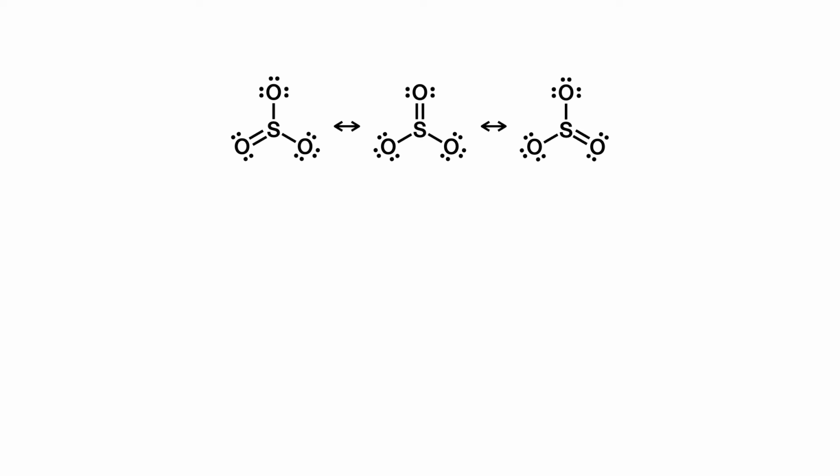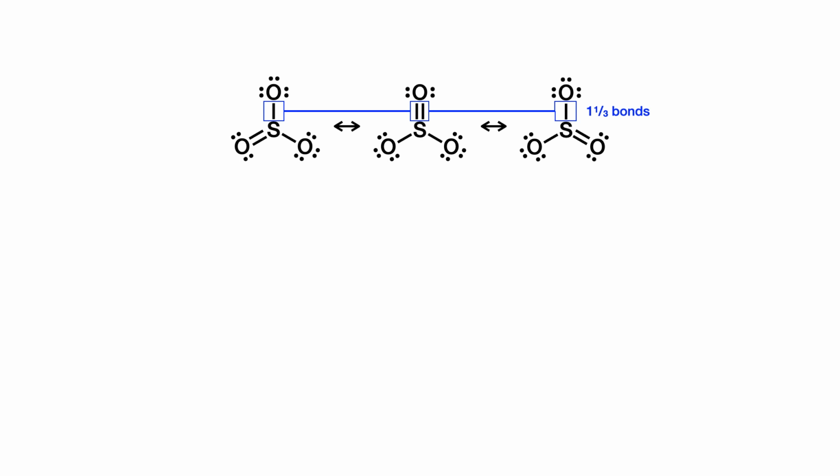And so each of the SO bonds in this molecule is identical, and if we look, say, at the sulfur and the oxygen in the top of the picture, on average, we've got 1 1/3 bonds between the sulfur and that oxygen. Likewise, we have an average of 1 1/3 bonds between the sulfur and the oxygen on the lower left, and 1 1/3 bonds between the sulfur and the oxygen on the lower right.